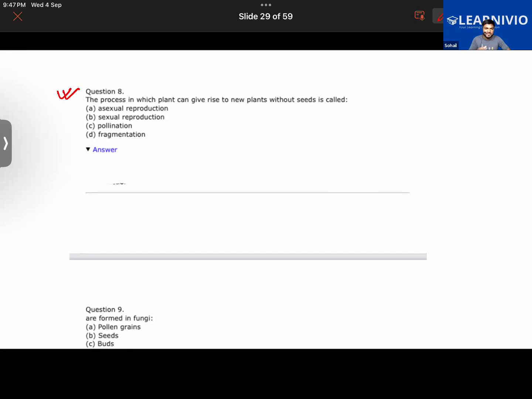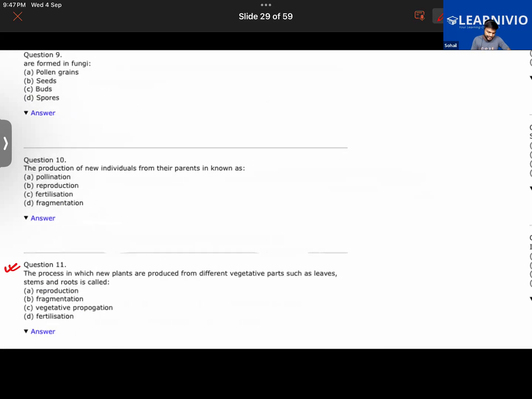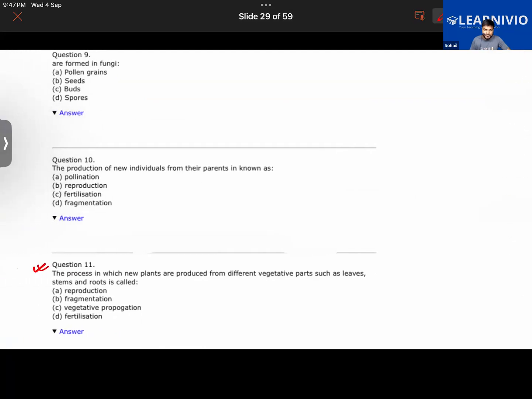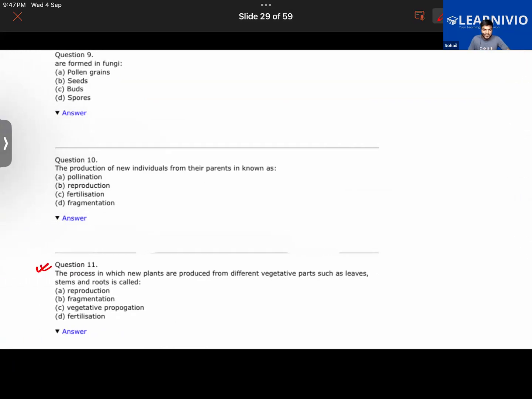In fact, we have been discussing this. Yes, Priyanka. The process in which new plants are produced from different vegetative parts like leaves, stems, and roots, what is that called? Right now, we have learned about natural vegetative propagation.